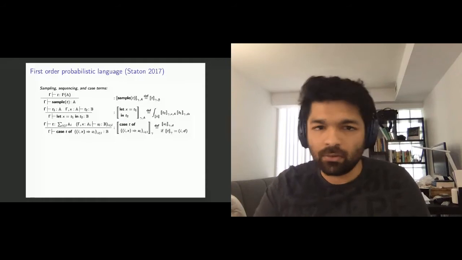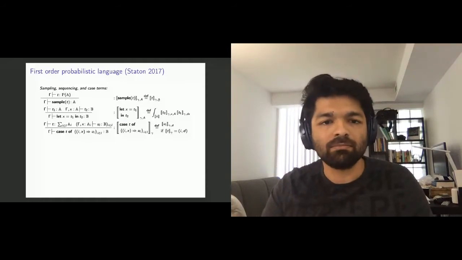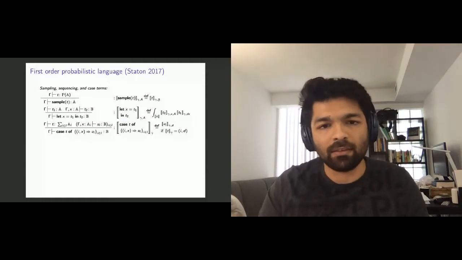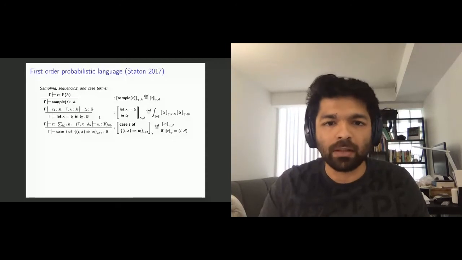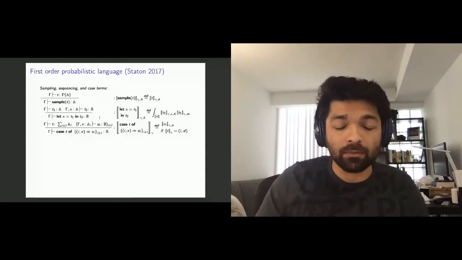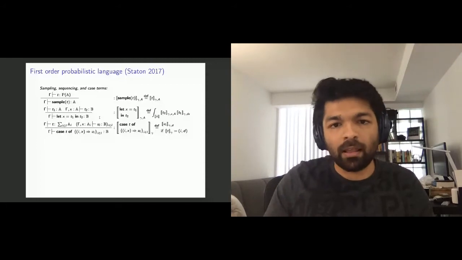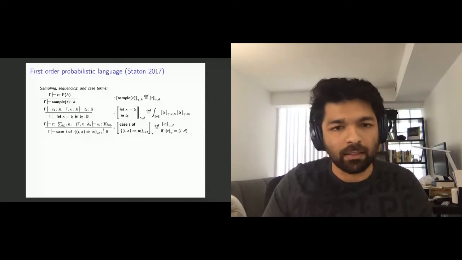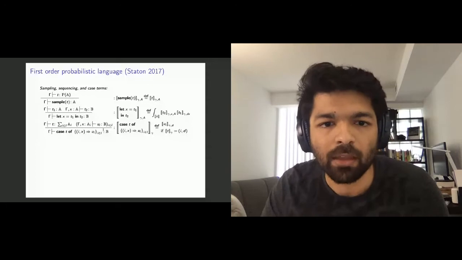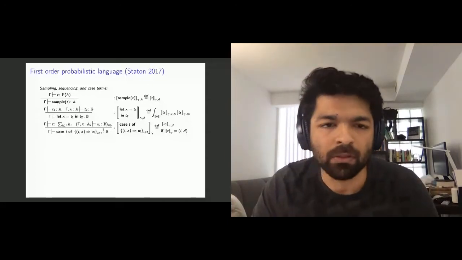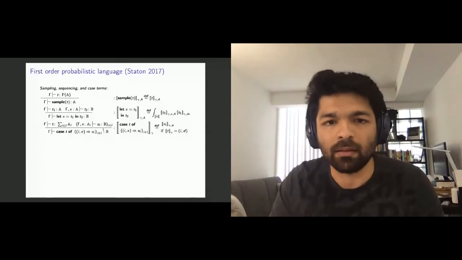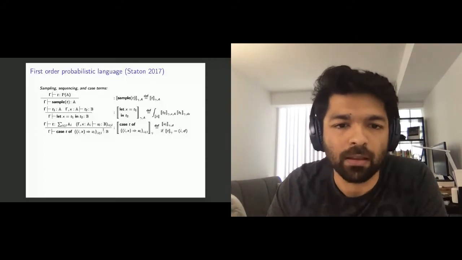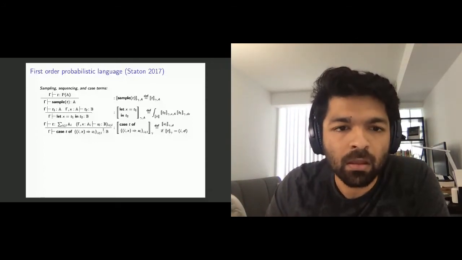The language allows us to sequence using the let construct and have case statements. Because this is a first order language, we are not allowing for recursion, because that makes our analysis for approximations slightly easier to handle. And we can deal with the s-finite semantics that was proposed by Sam Staton and others.